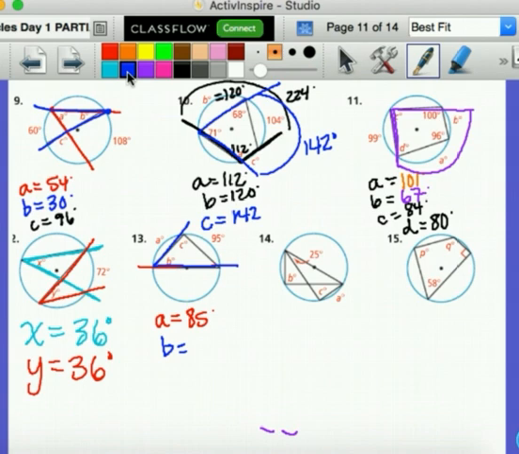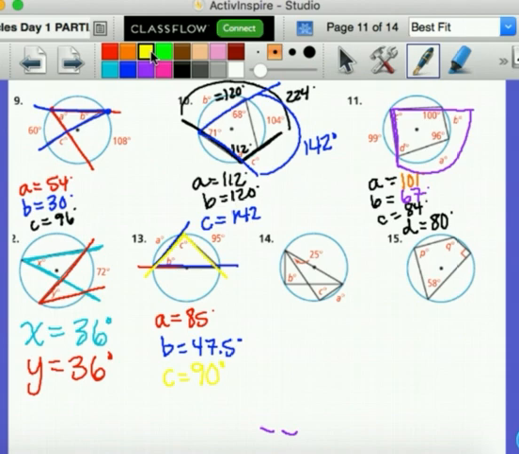And the angle is supposed to be half of that arc, so 47.5 degrees. Last but not least, angle C opens up to this entire semicircle. So half of a semicircle is 90 degrees.